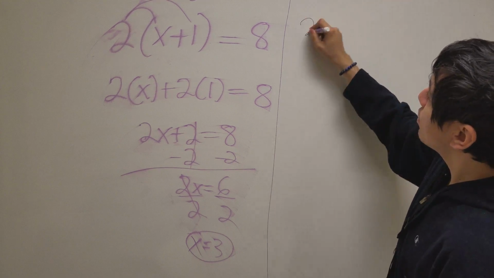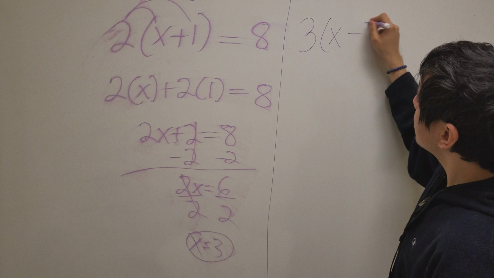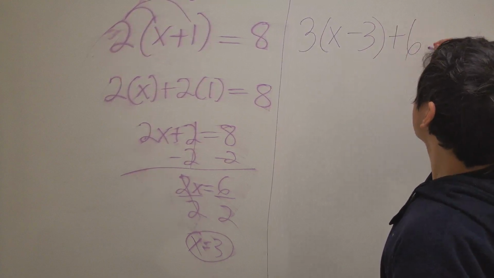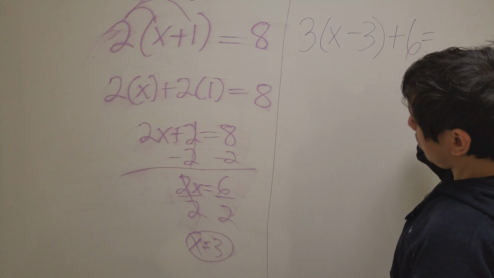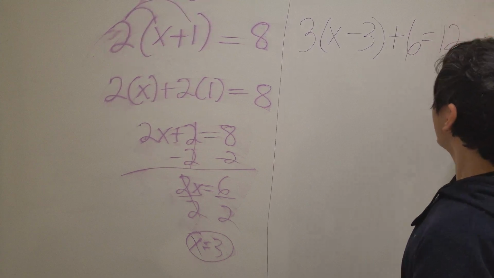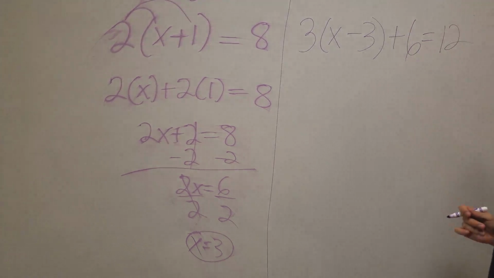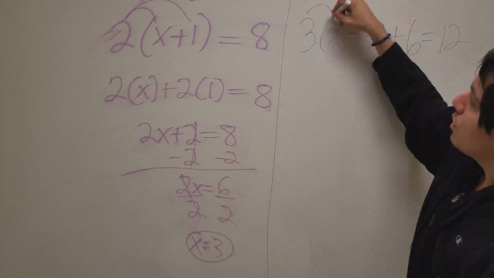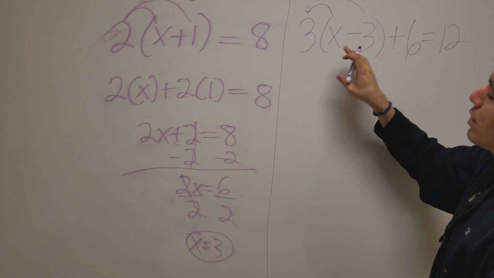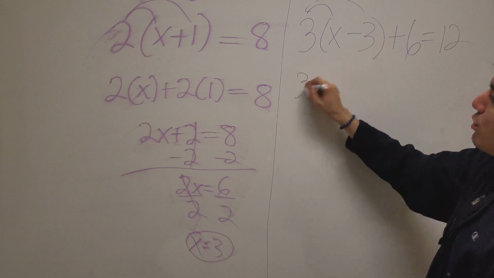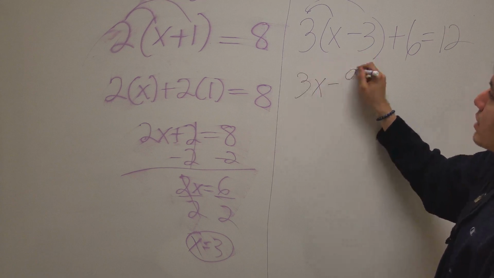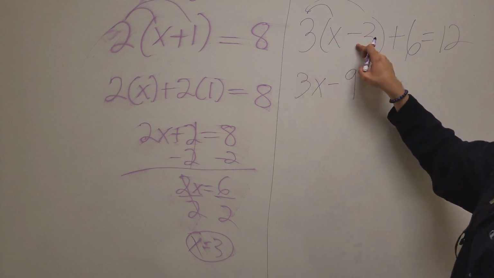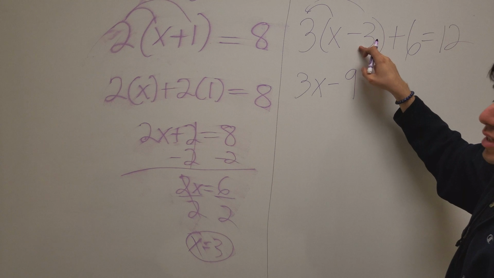Let's do a little bit harder. Let's say 3 times (x minus 3) plus 6 equals 12. So to do this one, we do the same process. You distribute the 3 to each term, so it becomes 3x minus 9, because 3 times x is 3x. 3 times negative 3 is negative times positive, negative.